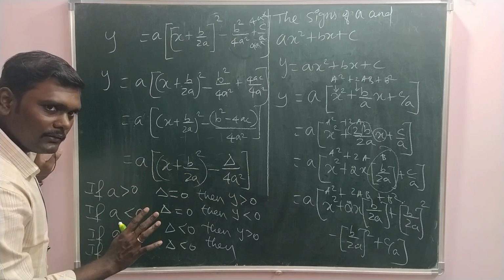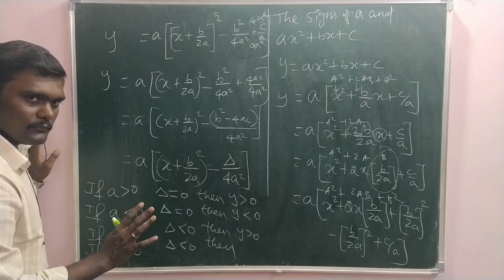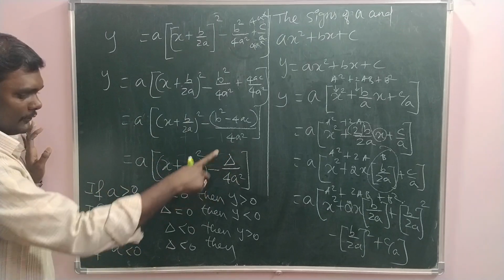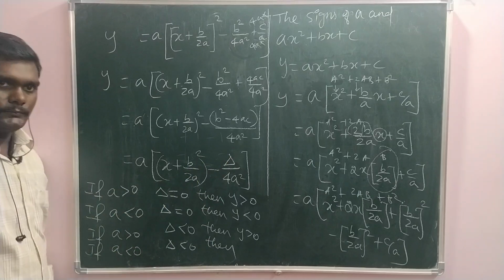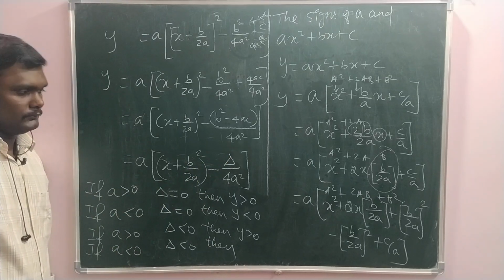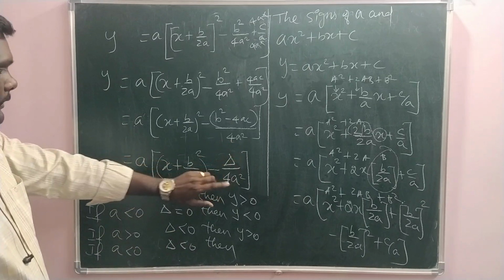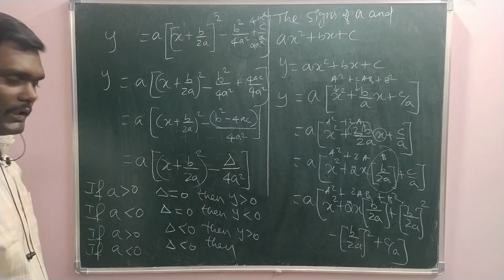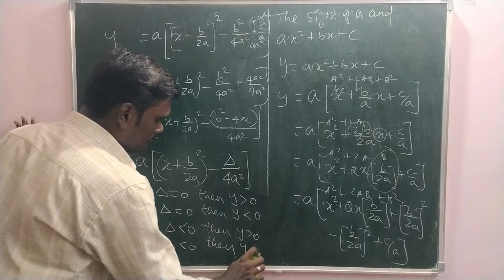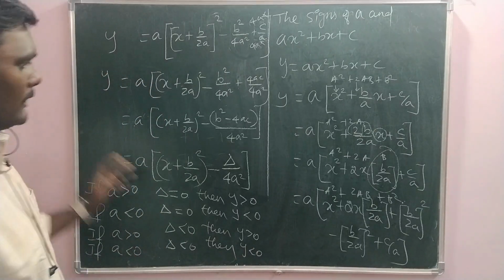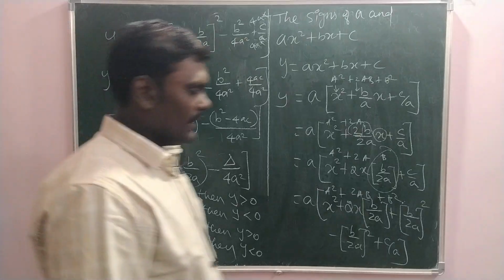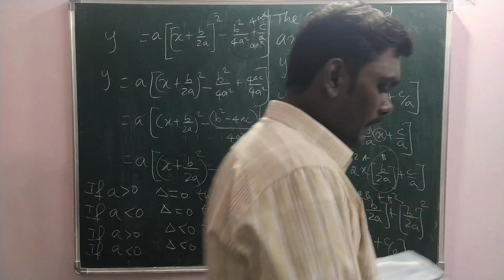Are you getting what I am saying? a is less than 0 and this is also less than 0. Then this whole bracket is positive, a is negative. Negative into positive, we get negative, is it? Okay. And then shall I erase this side? Okay. When del is greater than 0, what will happen?